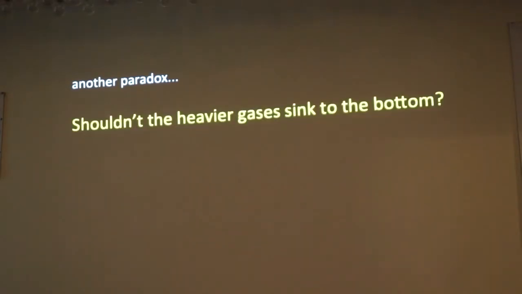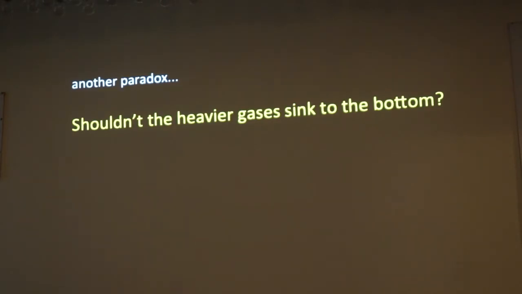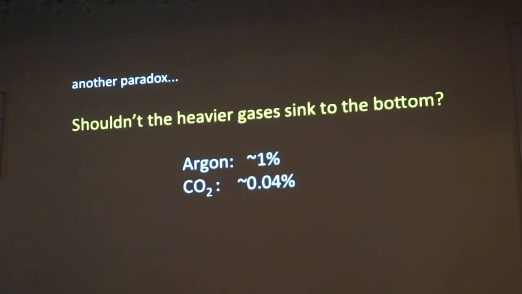Here's another paradox that arises from this standard view, one you may not have thought of. The atmosphere is not just oxygen and nitrogen. It also consists of trace gases, but they're not quite so trace. Argon, for example, is about 1% of the atmosphere, and of course there's CO2. Those are denser than oxygen and nitrogen.